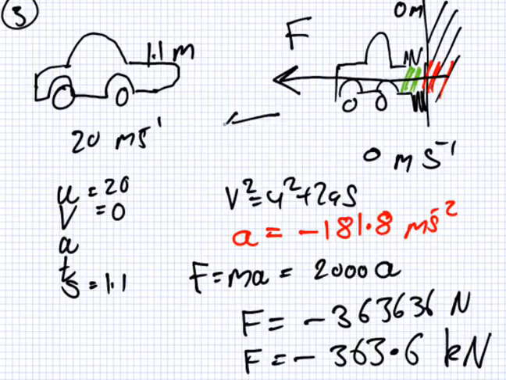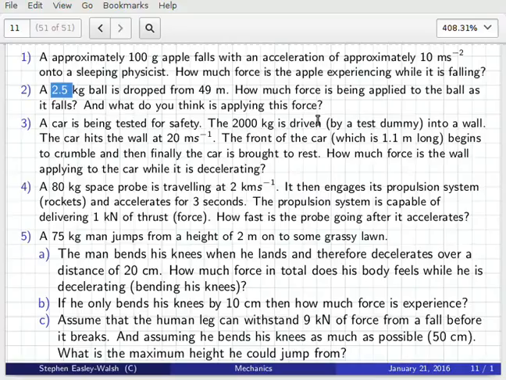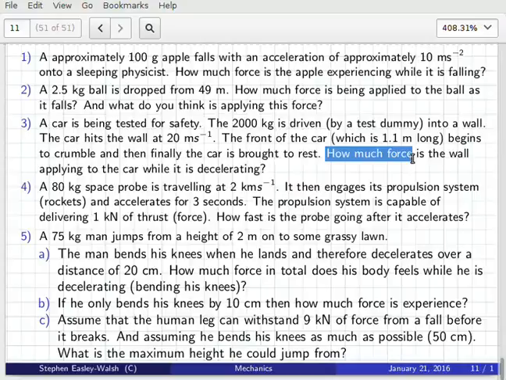Okay. So, let's see, 20 squared, and then divided by 2, and then divided by 1.1. So I got here the A. Will it be plus or minus? Minus, because decelerating, slowing down.